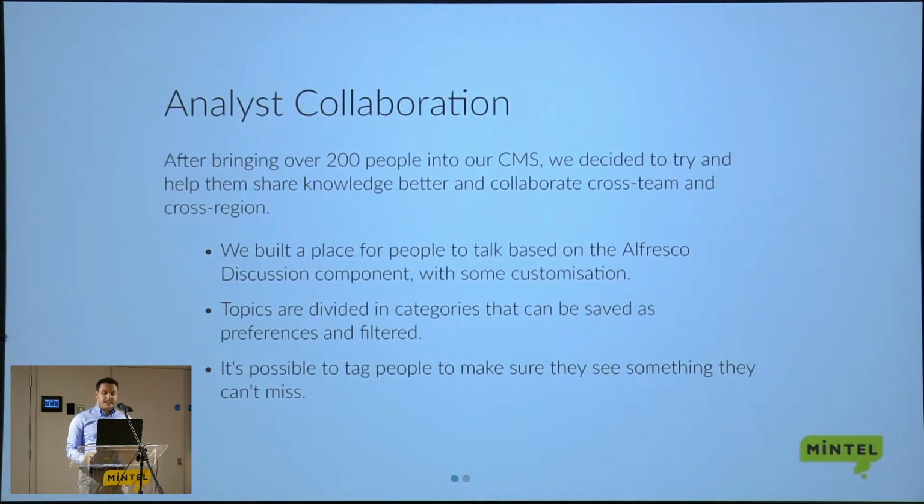The first thing being that the content is subdivided in categories, so you can just search for something you're interested in, and then you will find all the topics about it, and you can find out who to contact, and it's possible to tag people in various topics.